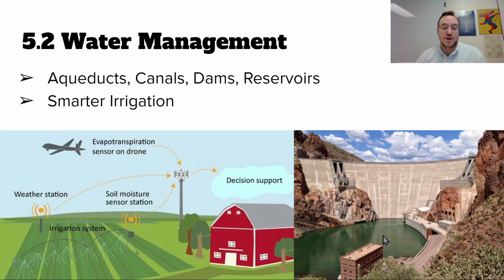One of the ways that agriculture is starting to use water more efficiently is through smarter irrigation. This includes a lot of technology in it, right? So we have a smarter irrigation system that is watering specifically where the plants are instead of just watering every place. There are a bunch of sensors in the air and in the ground to only deliver enough water that's necessary to grow it so that we're not over-watering.